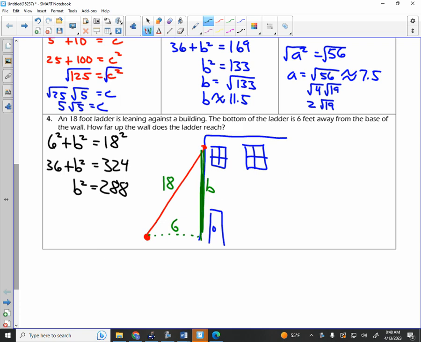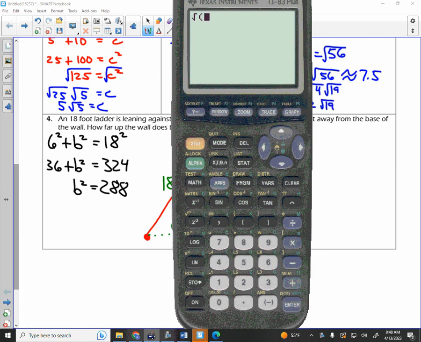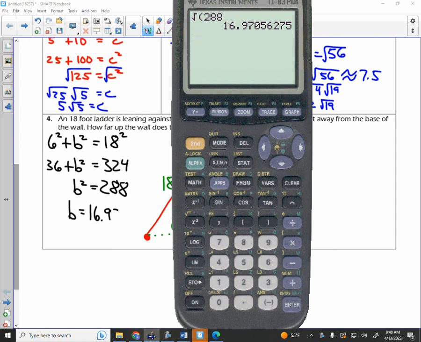Most commonly in these situations, when you're asked to find a distance used in real life, especially like height up the wall, they'll simply ask you to write the answer to the nearest tenth. So let's take the square root of 288. You can see that you get 16.97, or about 17 feet.